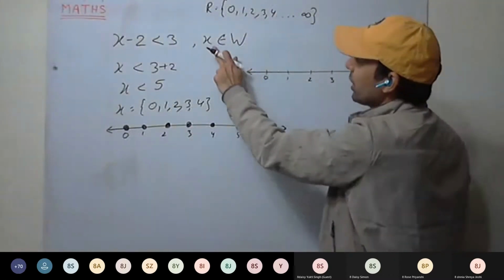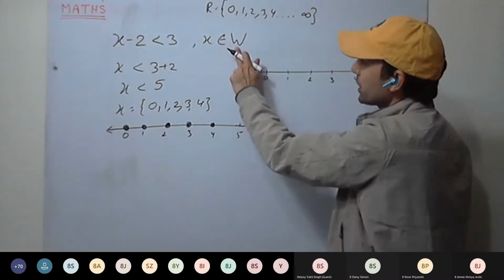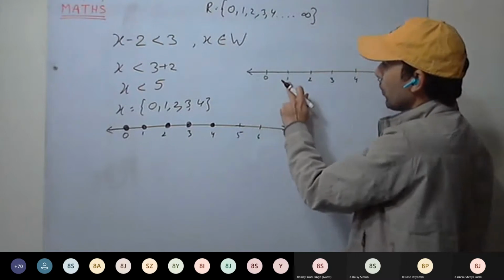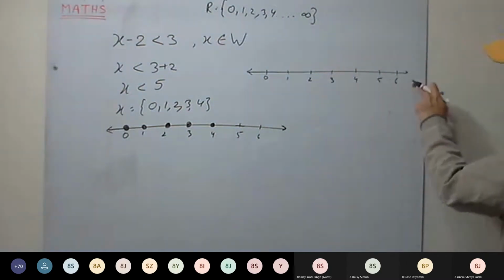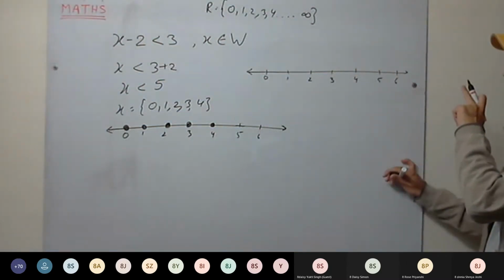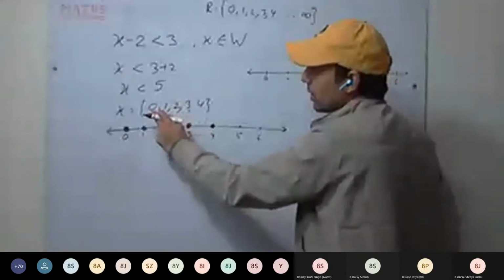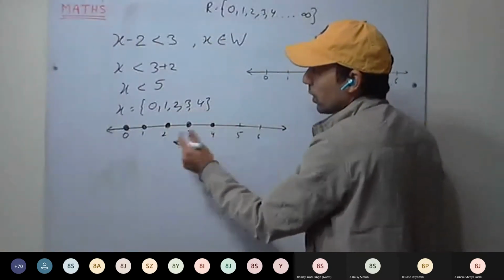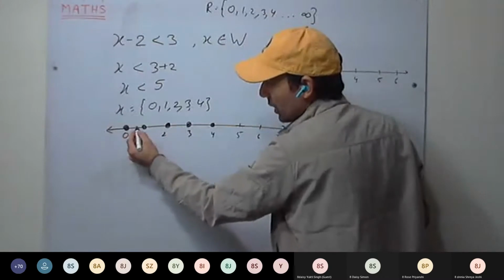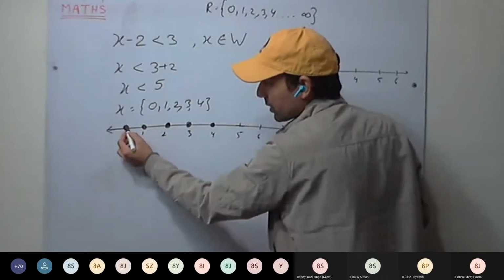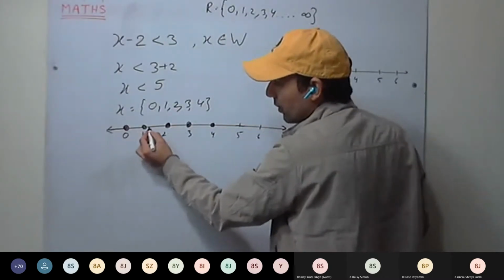But see here, what values can x take? Only whole numbers. That is, it can take only 0, 1, 2, 3, 4, 5, 6, 7, 8, 9. These are the only values it can take. And according to the inequality, what values will x take? 0, 1, 2, 3, 4. Only these values, not other values. So we'll mark only 0. Here it will take only one value.